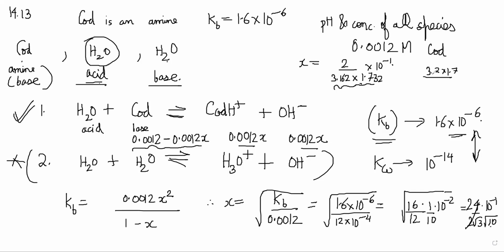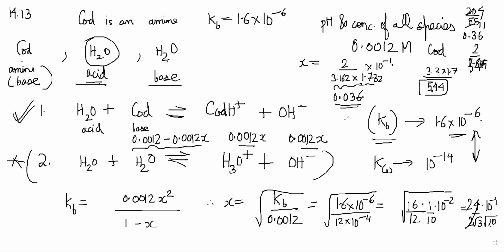So this becomes 32 into 10, 320, 7, 210, 224, so 544, 5.44, right? So 2 by 5.44 into 10. So 2 by 5.5, let's say 20 by 55, so 4 by 11, 0.36 into 10 power minus 1, right? 0.036, right?